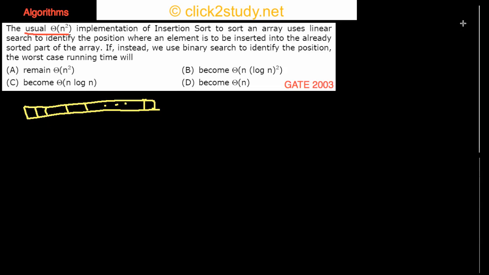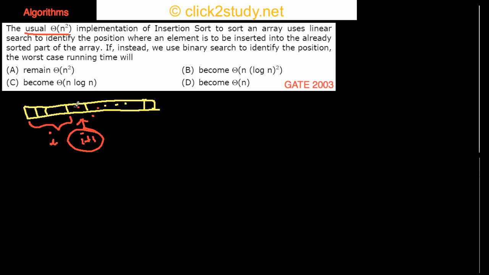But in the usual implementation what you do is linear search. Suppose the first I elements in the beginning are sorted, and you are picking up the I plus 1th element, and you have to place it at the right position in this already sorted array, so that next you have a bigger sorted array and you can go to the next element and so on.